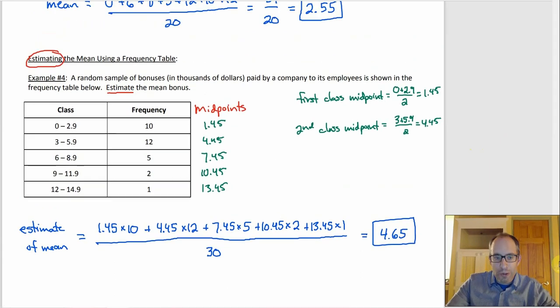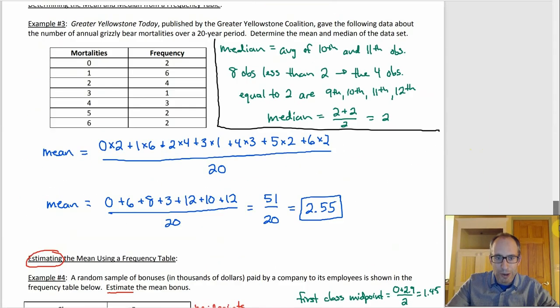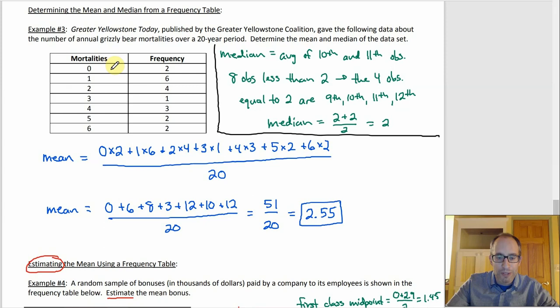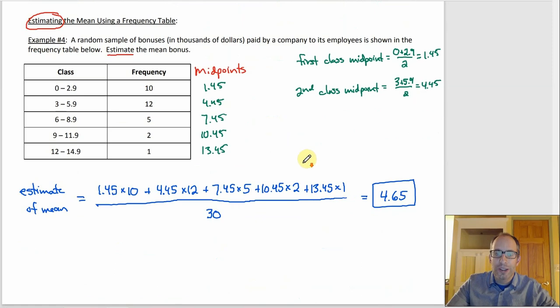So notice what we end up doing, like compared to what happened up here. Right, here we had the individual values and we just said, okay, 0 times 2, 1 times 6, 2 times 4, and so forth. Add all those products together, divide by 20, since that's the total number of observations, and you got your actual mean. Here, we're trying to do the same sort of procedure, except that we need to get these classes down to one individual value. And the best typical value you could use would be the midpoint.